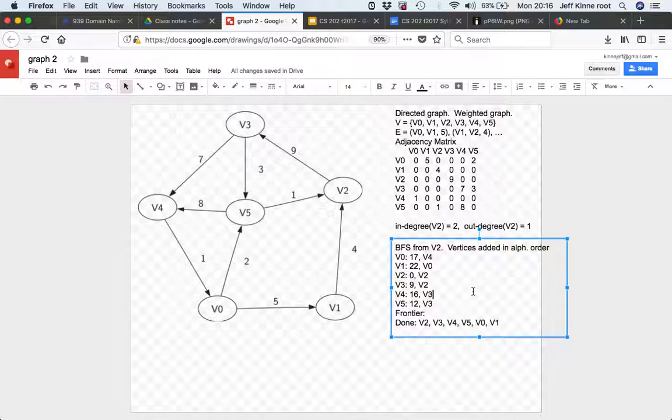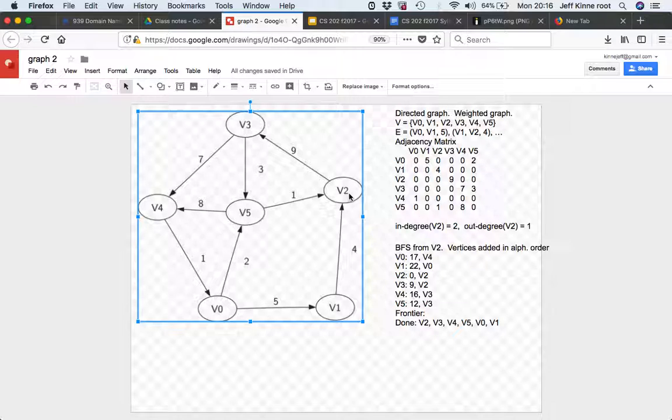And we could do breadth first search on this graph. The difference between this graph and the previous example that we looked at in the previous video is that the edges have a direction. So if we start, this example was worked out starting at V2. If you do breadth first search from V2, you go to V3.